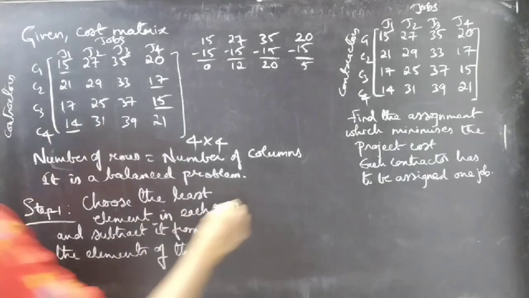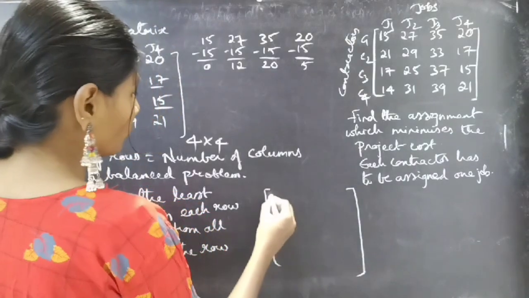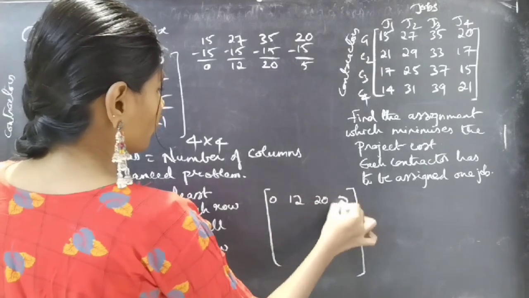So we'll get 0, 12, 20, 5 in the first row.